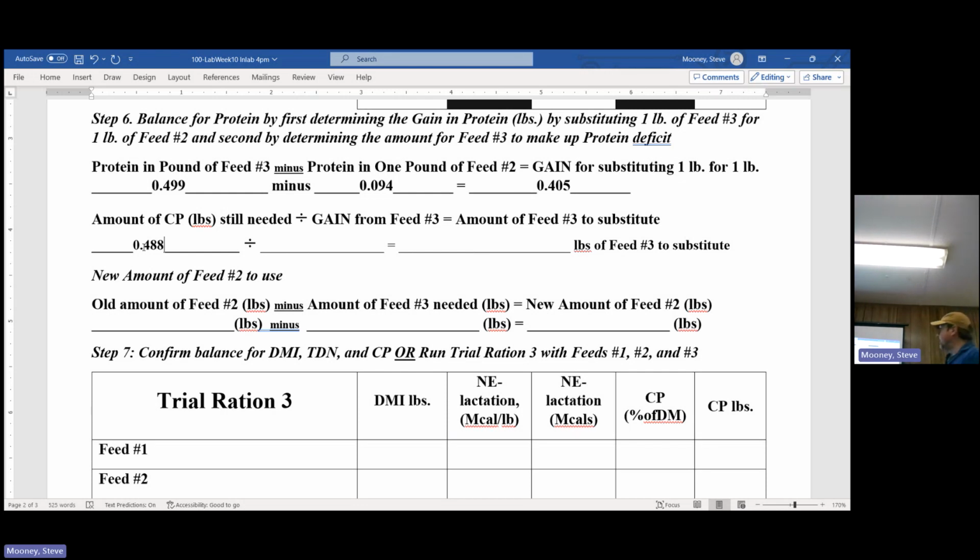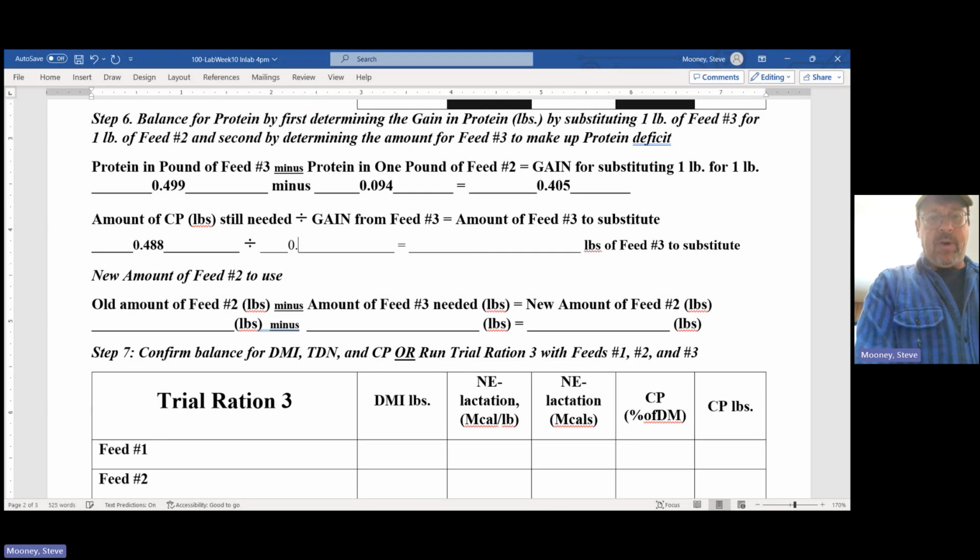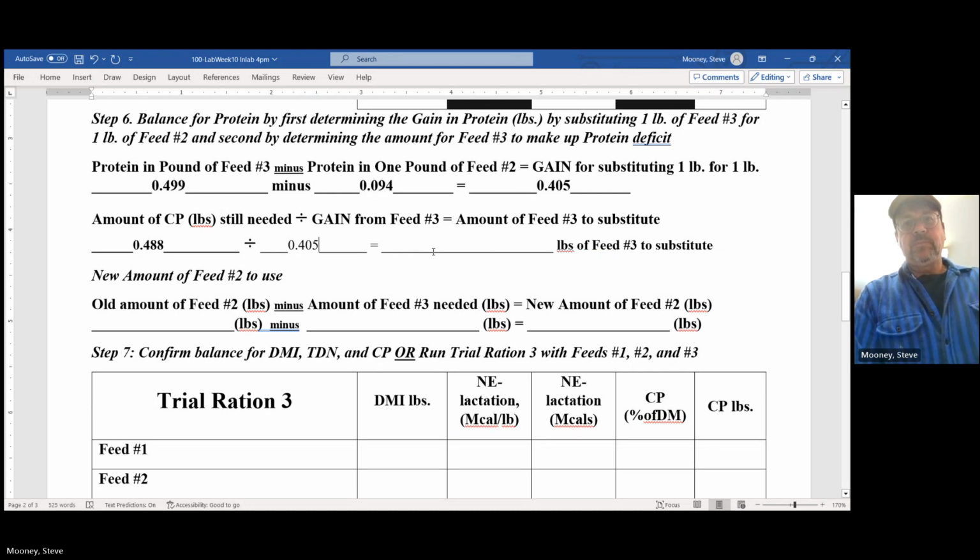Our gain, we steal from the line above, bring this down to that. So gain equals gain. So 0.405. And what does that give us?